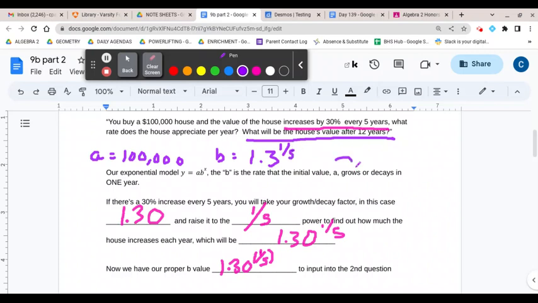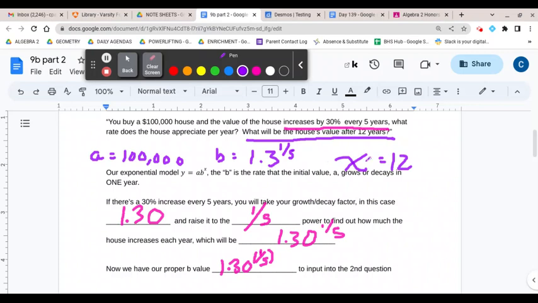And our X value, if we're going for 12 years, is going to be 12.